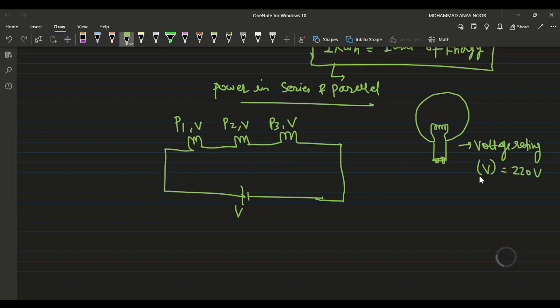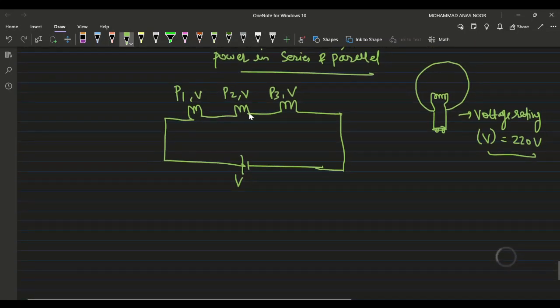On the Apple charger also, you can see the voltage rating. So the question is what would be the equivalent power consumed by the total combination. Is it P1 plus P2 plus P3 or what?